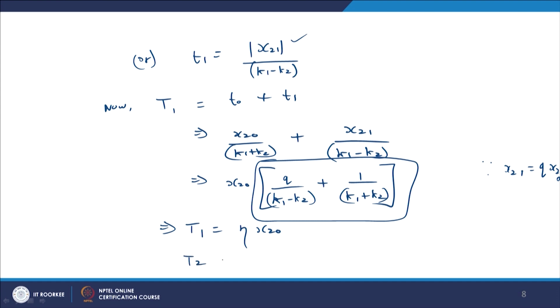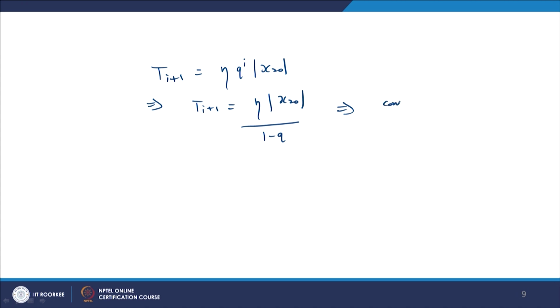Similarly, t2 is equal to eta into x21, which implies t2 is equal to eta q x20, which can be generalized in this way: t(i+1) is equal to eta q^i times the norm of x20, which implies t(i+1) is equal to eta times the modulus of x20 by 1 minus q, which implies convergence of time.